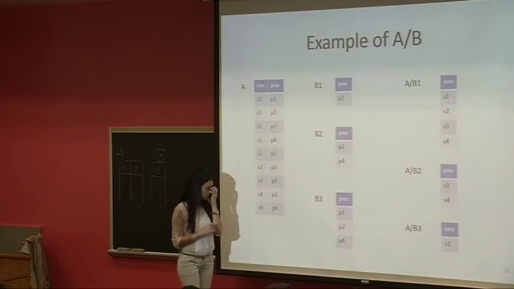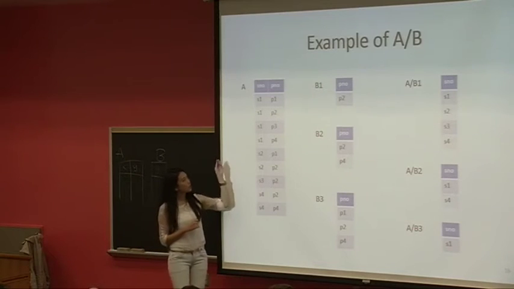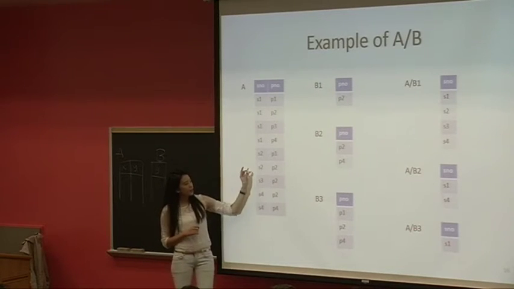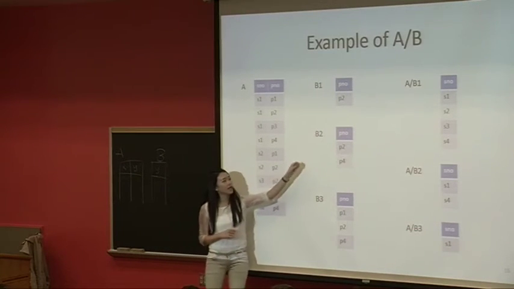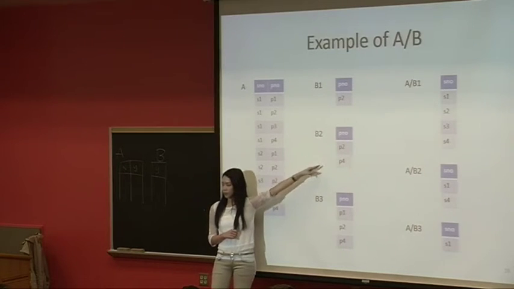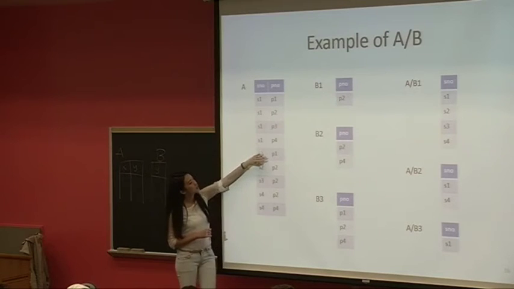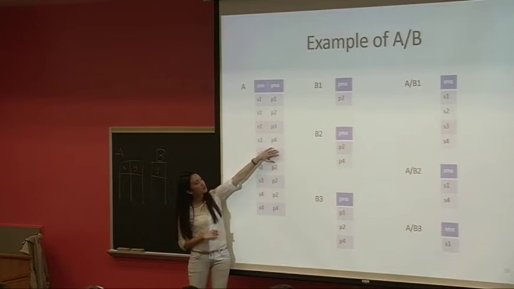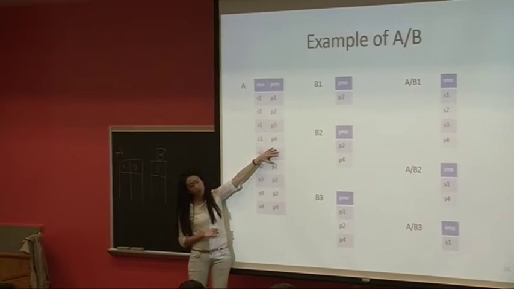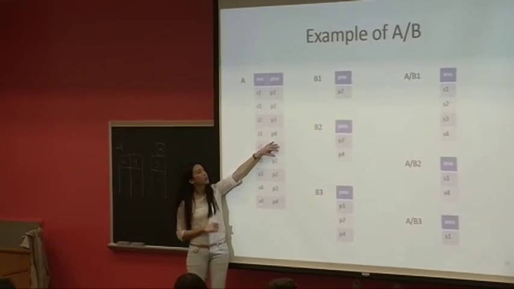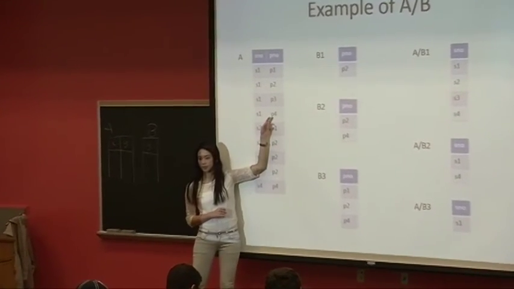Let's try the second one. So the second one, this time we want to find the S's that are associated with both P2 and P4. So if you look at S1, only until here, right? Does S1 associate with both P2 and P4? Yeah, P2, P4, right?